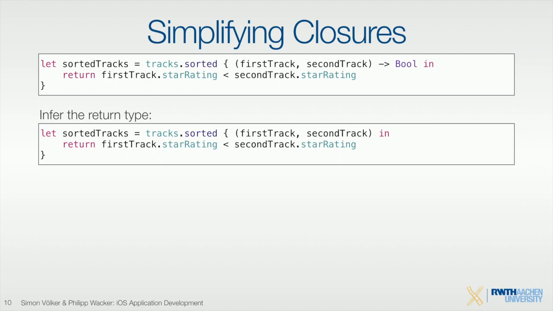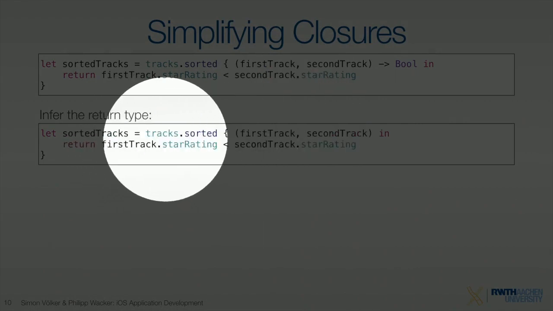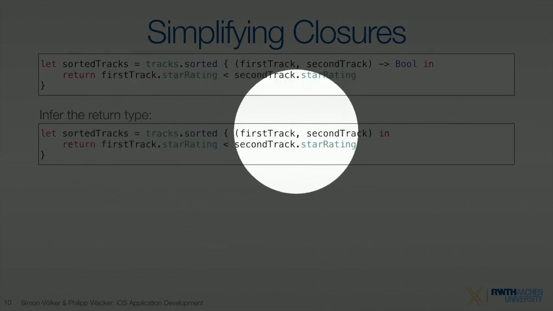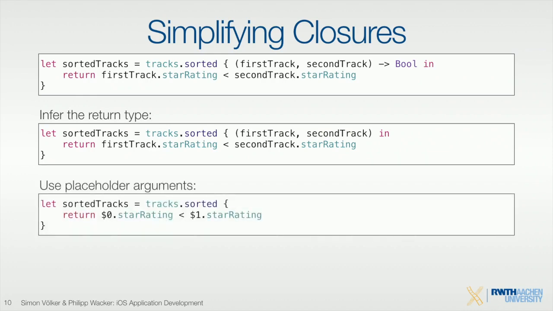The second thing is, it knows it takes two parameters of the same type as the elements in the array. So you can also drop the naming of the parameters, and instead use a placeholder, so $0 and $1, for example.